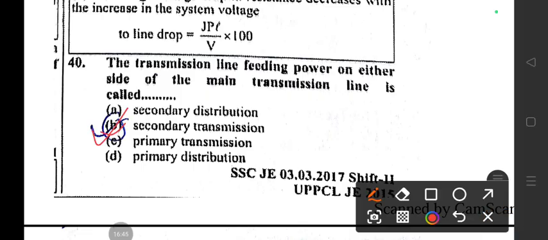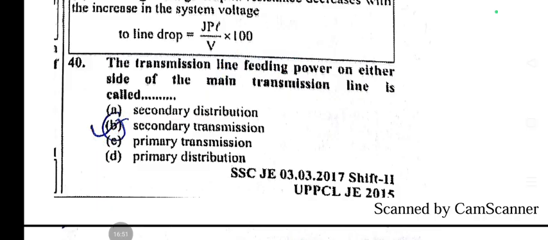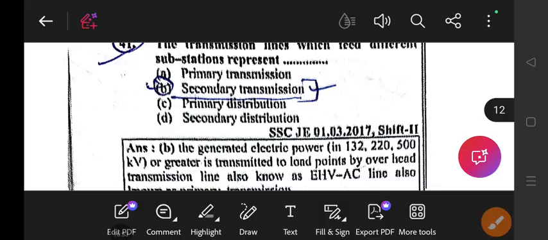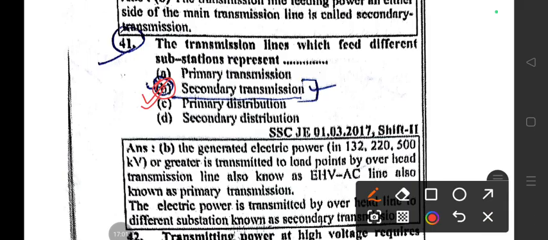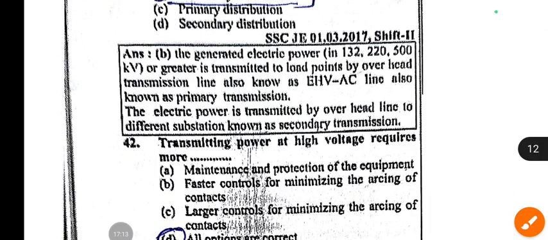Okay, the transmission lines which feed different substations represent the secondary transmission line. Do not get confused about this question.